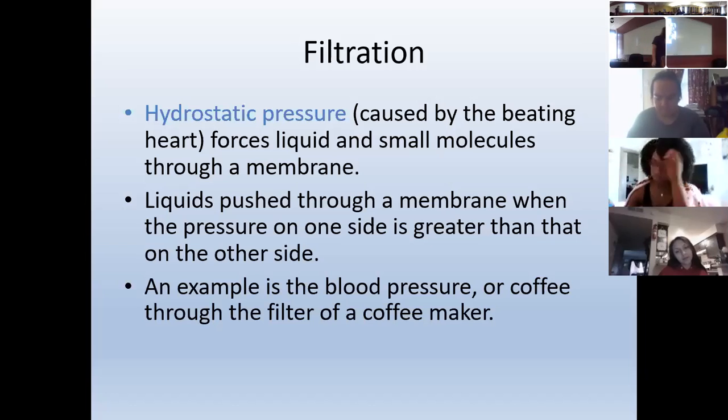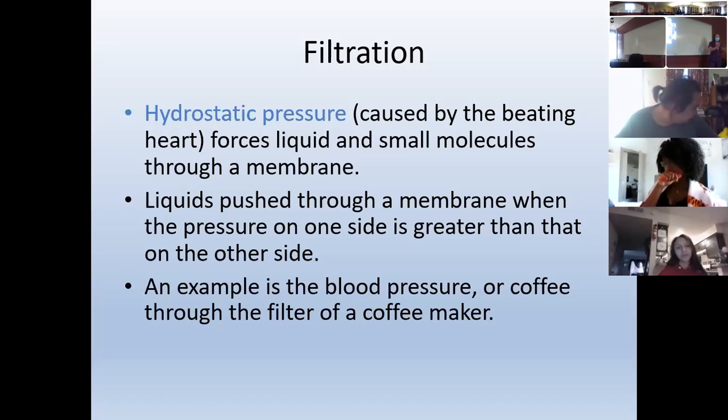The pressure that we're using in this coffee maker scenario is called hydrostatic pressure. Hydro meaning water. Hydrostatic pressure. This is going to just simply push the liquid through, not needing any outside energy.